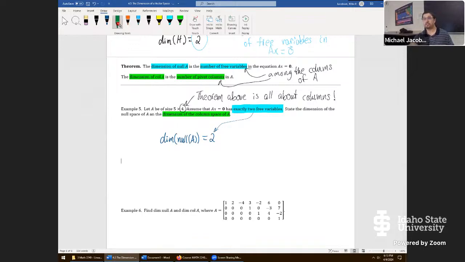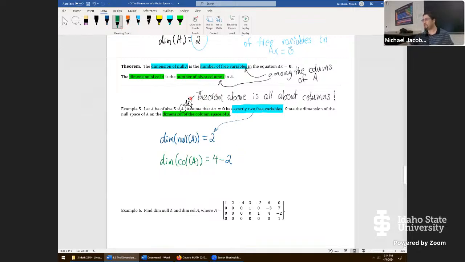And to do that, here's the line I would probably always try to have. Dim for dimension, col for column space of A will be equal to, you definitely want to start right here: whatever this is, take 4 minus your prior answer, because those will always have to sum up to the right value, the number of columns.